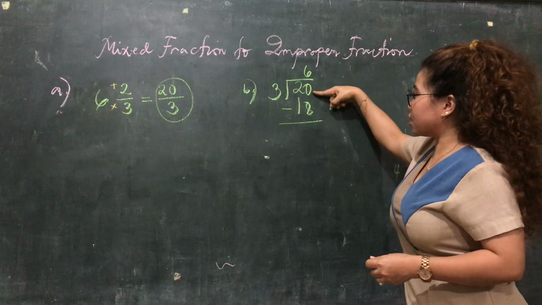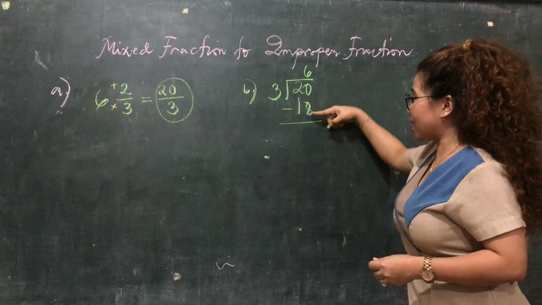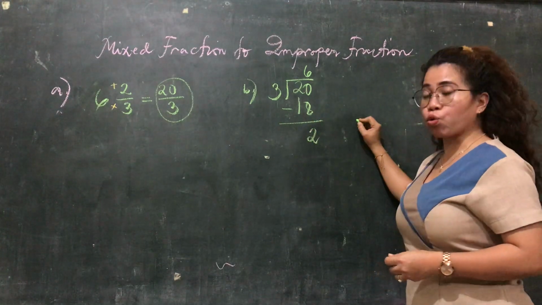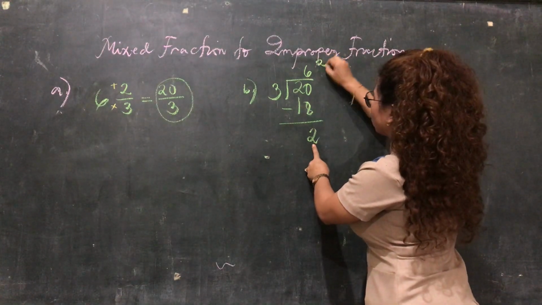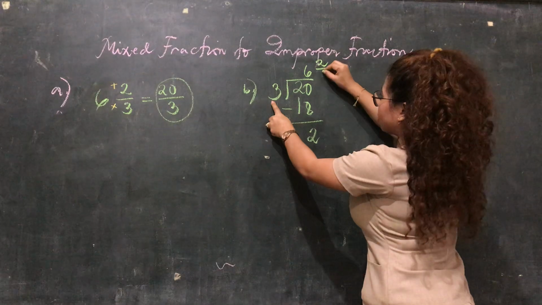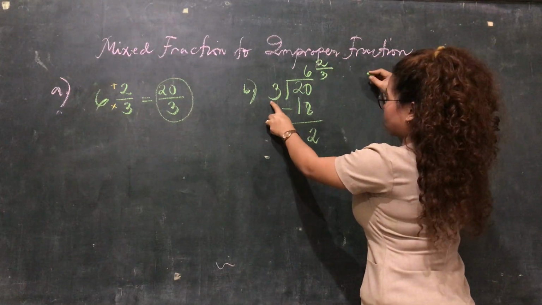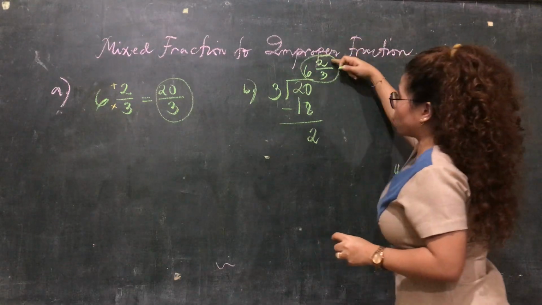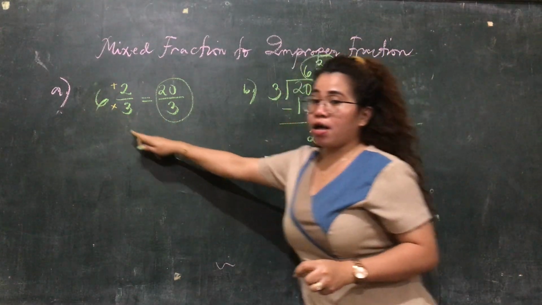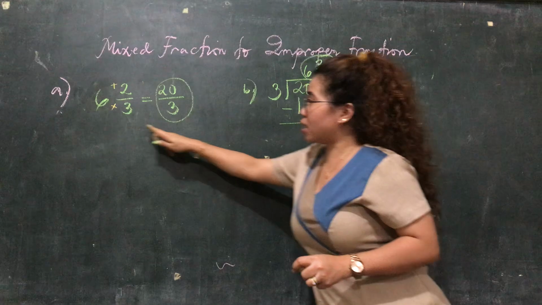Subtract 18 from 20, you have 2. That 2 goes over the divisor 3, and the 6 is the whole number. So the answer is 6 and 2 over 3. See, they are the same.